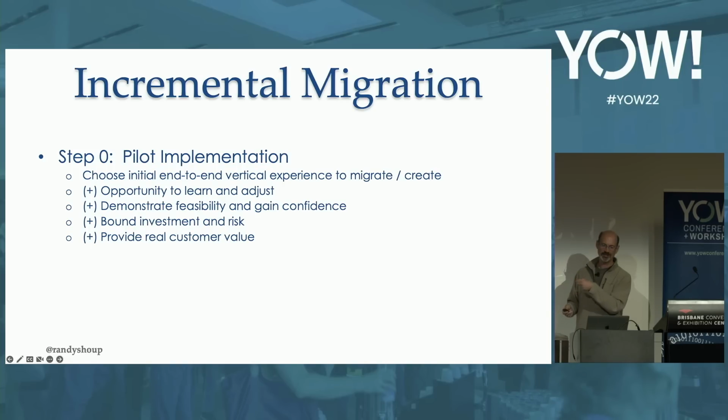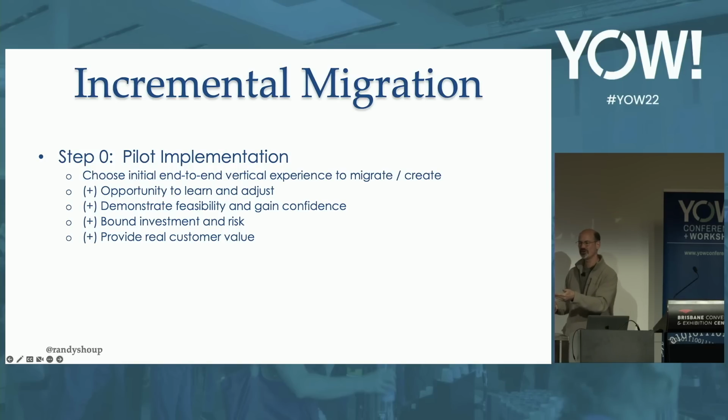Usually I recommend taking a particular end-to-end vertical experience, whether it's some new thing or some existing thing, and we build that entire part of the system in the new way rather than in the old way. And why do we do it that way? It's because this is our opportunity to optimize for learning, to learn and adjust in the new architecture approach.